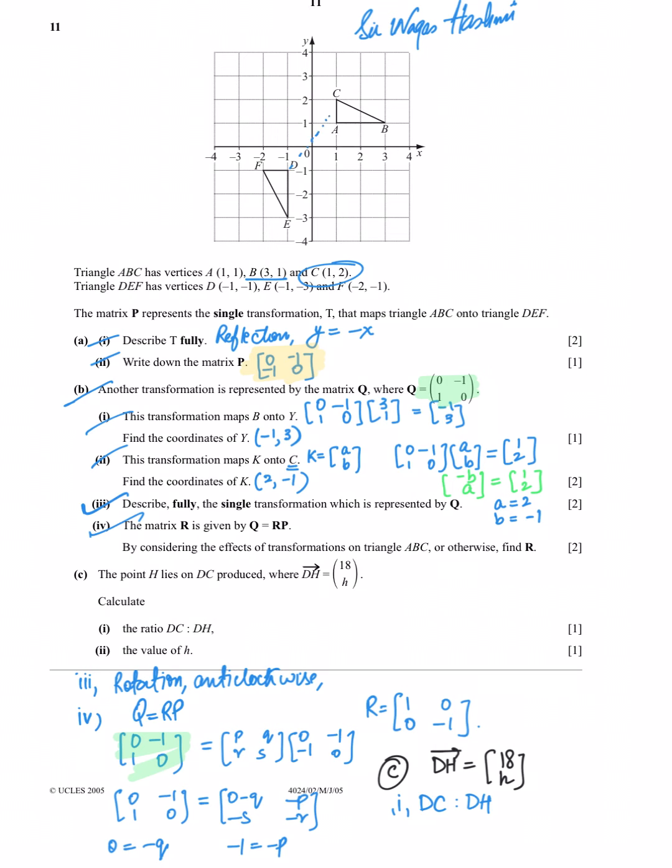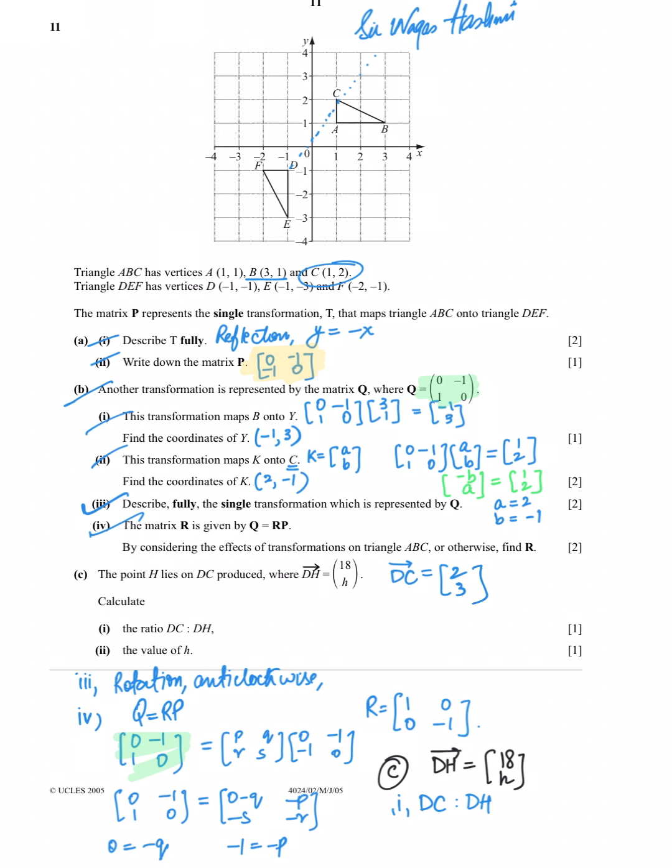So if we extend the line, we have a point H on it. What is the vector of DC? We can find it with the help of the diagram. If you need to go from D to C, count the number of steps. It's 1, 2, so 2 steps on the x-axis. And how many steps on y? 1, 2, 3. So 3 steps on the y-axis.